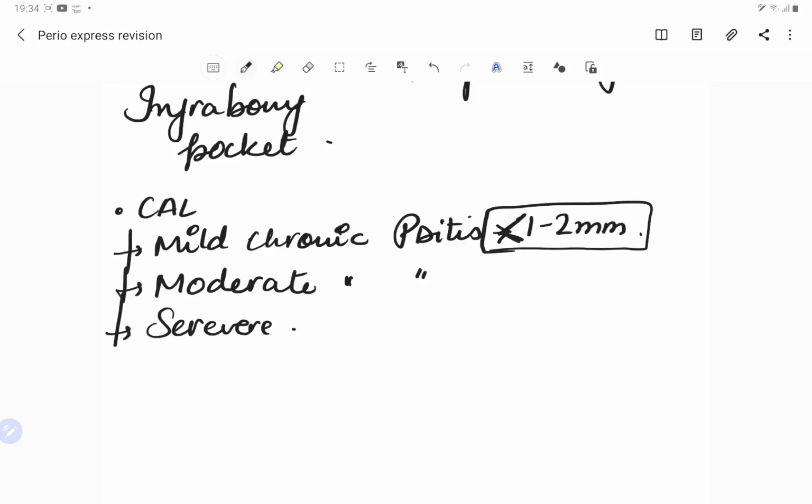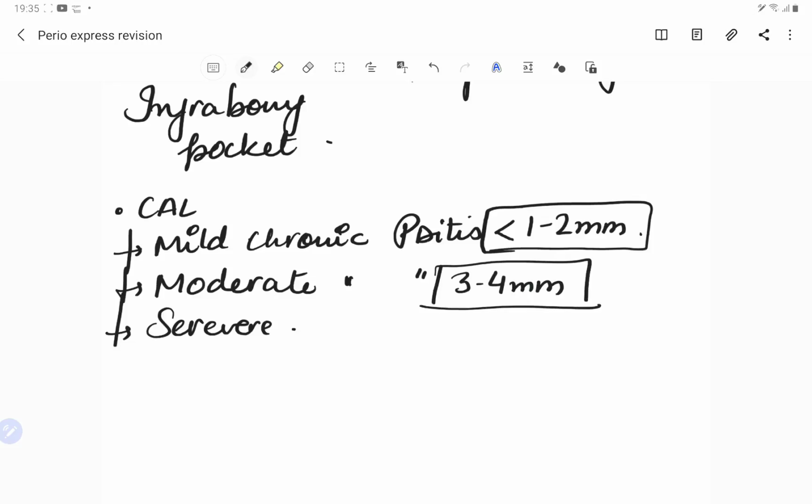When we are talking about moderate chronic periodontitis, that means the progression of the disease is not much. So it is kind of a moderate level, meaning the clinical attachment loss has occurred up to 3 to 4 millimeters.